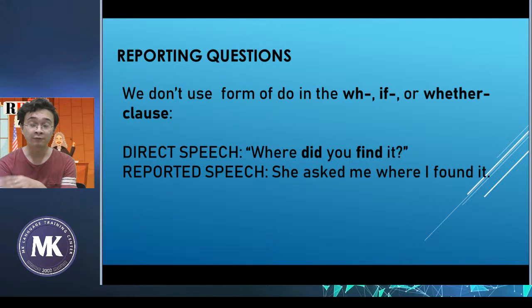And then we have the main verb find in the sentence. Now, if you want to change that into reported speech, you can say, she asked me, okay, I want to put an object there, she asked me where I found it. Now, if you notice, we had did find. We don't need to put did anymore in our sentence. Then we just get the past form of find, and we say found in our reported speech.